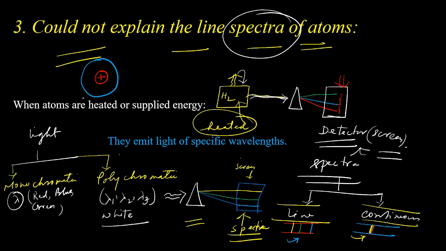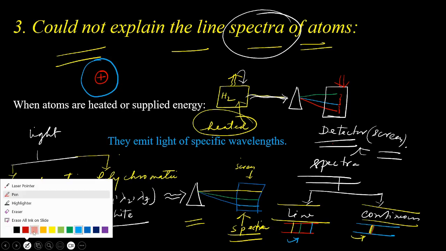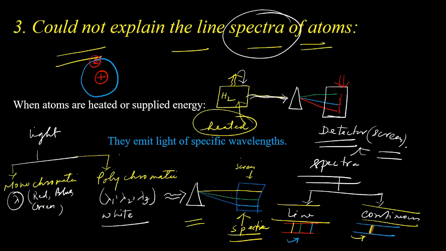And during the rotation of the electron, applying the Maxwell theory, it is observed that the electrons, when rotating around the nucleus in any circular path, are releasing electromagnetic energy.